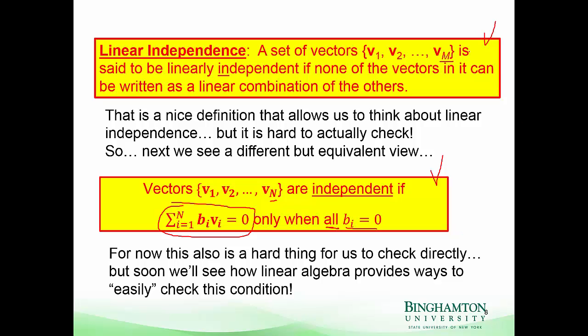So between the two of these, this one, we can't write any one of them in terms of the others. That's one good way to think about it, but the strongest, best way is the only way I can make the linear combination go to 0 is by setting all the weights to 0. And this is something that we'll be able to check fairly easy. Not now, but as we go through the course.